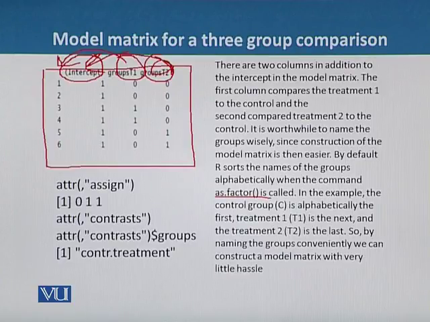In the example, the control group C is alphabetically the first, treatment 1 is, by chance, T, which comes after the C, and treatment 2, T2, is the last. So by naming the groups conveniently, we can construct a model matrix with very little hassle. So it is very important to designate the groups with some symbols, and it is very important that they are ordered alphabetically.